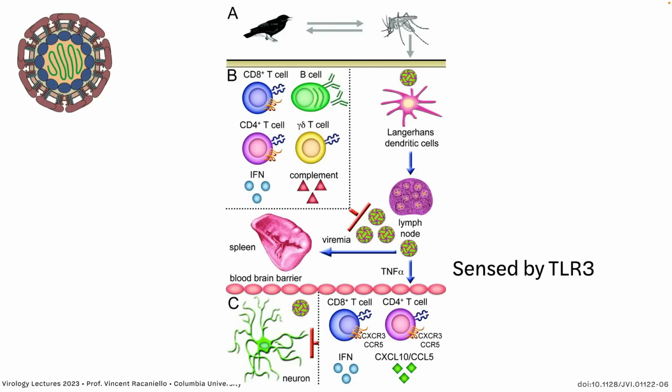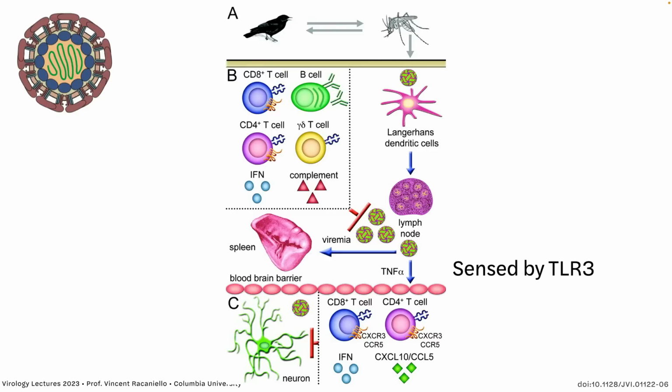In a fraction of cases, the virus gets into the brain. So these cells here are the blood-brain barrier. And it's interesting that the virus is sensed by toll-like receptor 3, and that sensing, of course, turns on the production of cytokines, one of which is tumor necrosis factor alpha, TNF alpha. And that's meant to be protective, but TNF alpha disrupts the endothelial barrier in the brain so the virus can get across.